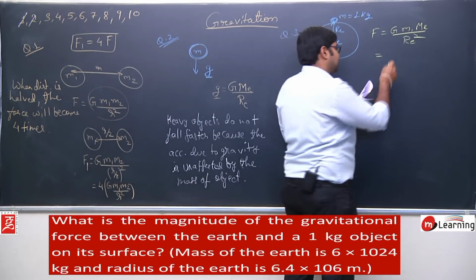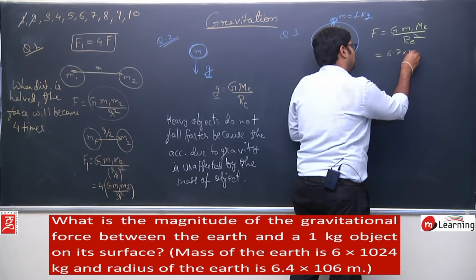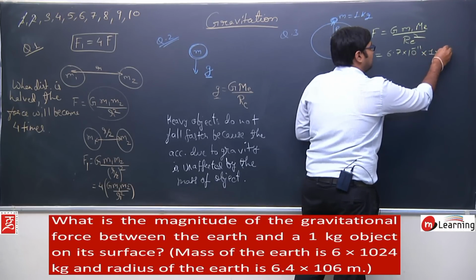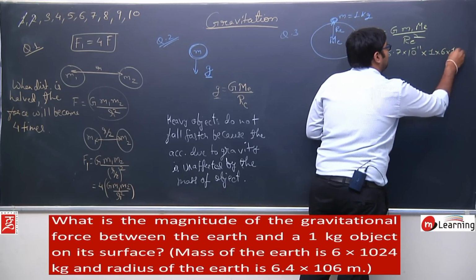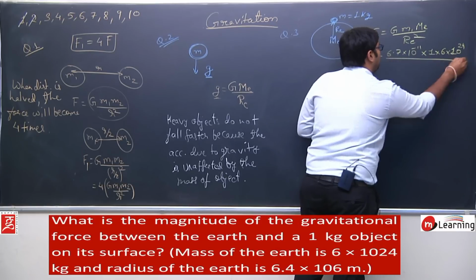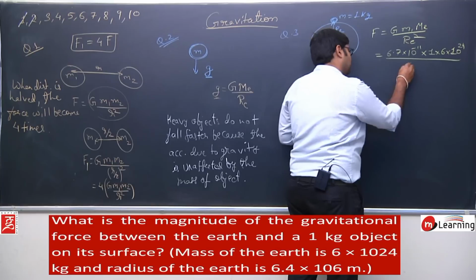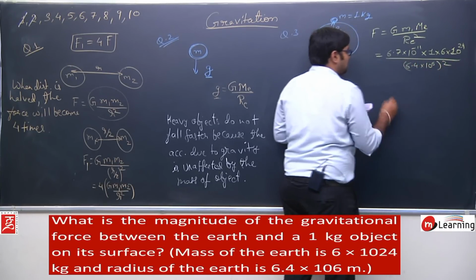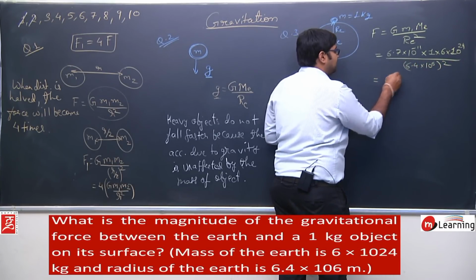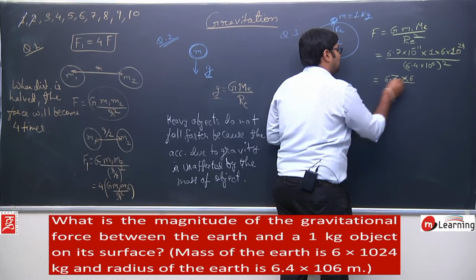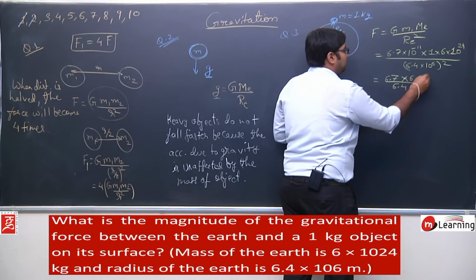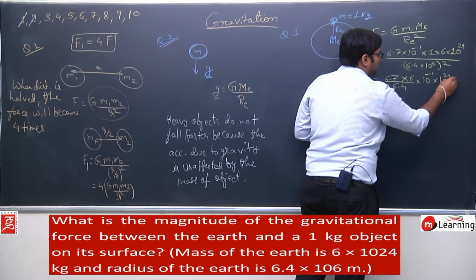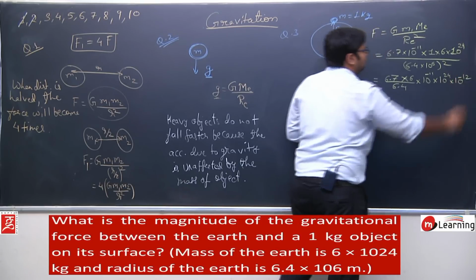Now the value of G, we can write all the values. The value of G is 6.7 into 10 to the power minus 11, into mass of object which is 1, into the mass of earth which is 6 into 10 to the power 24, upon the radius of earth which is 6.4 into 10 to the power 6, squared. So we can write it as 6.7 into 6 upon 6.4, into 10 to the power minus 11, into 10 to the power 24, into 10 to the power minus 12.